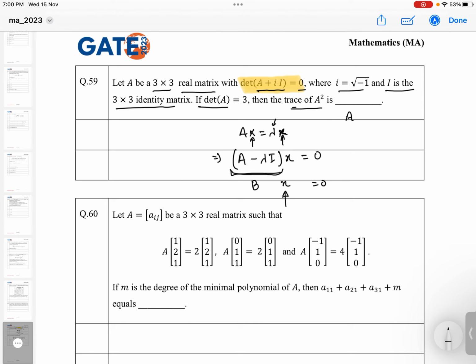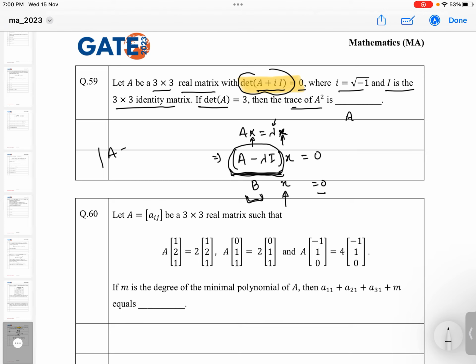If any combination makes this matrix B zero, that means it does not have full rank, or you can say some column or row is linearly dependent on some other row or column. So the determinant of this would be 0, and from there you solve to get the eigenvalue.